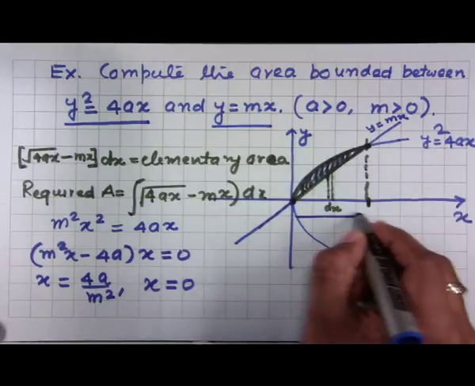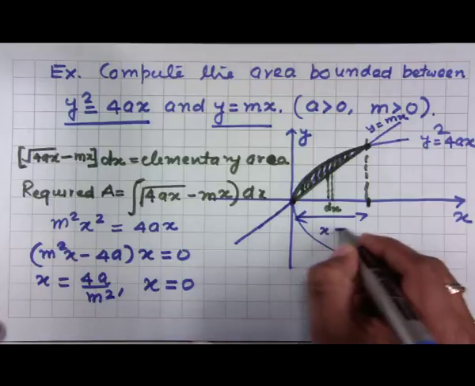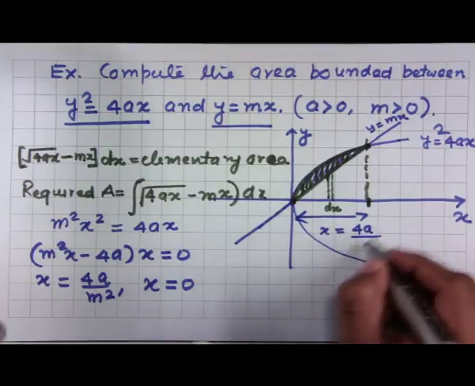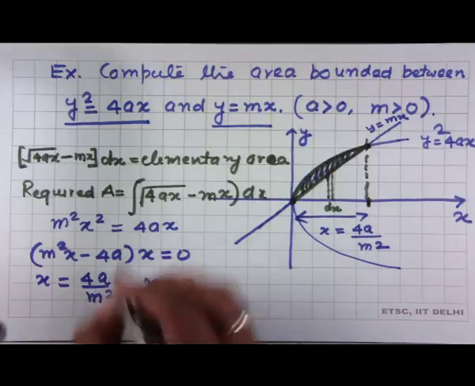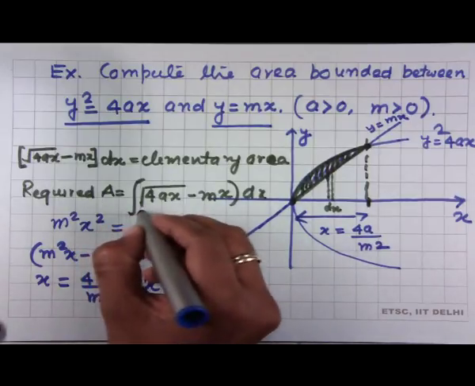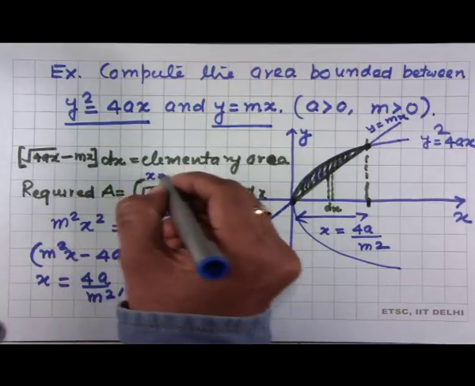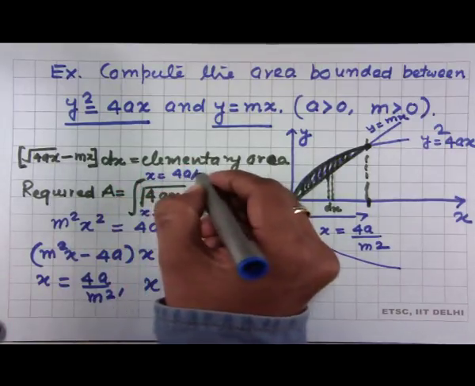So, this is your x equals 4a by m square. So, limits of integration will be x equals 0 to x equals 4a by m square.